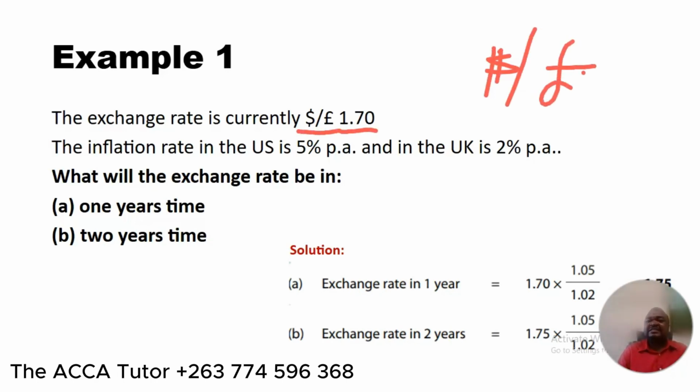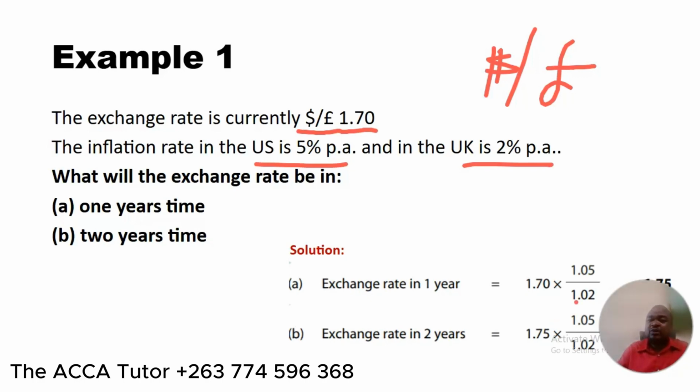In this case, the base currency is the denominator, which shows that the rate is being quoted in pound sterling. So the pound becomes the base currency. The UK, which is the base currency, has an inflation rate of 2% per annum, whereas the counter currency, the USD, has an inflation rate of 5% per annum.